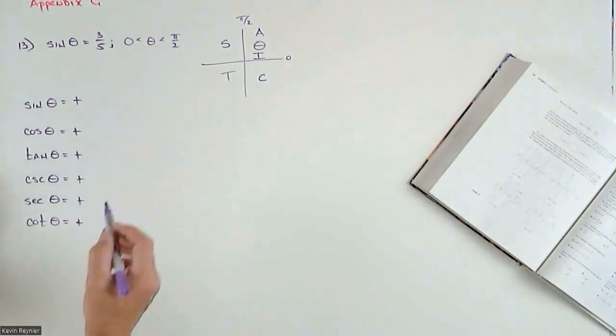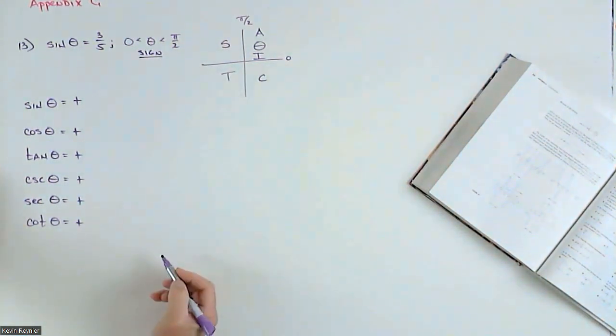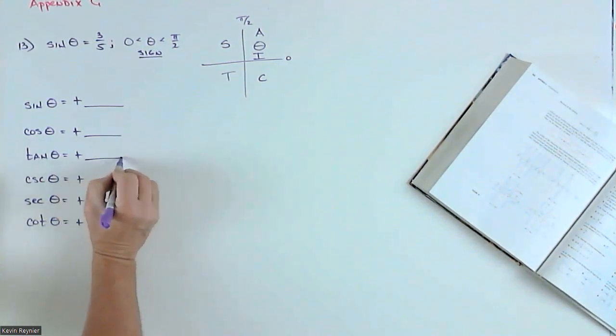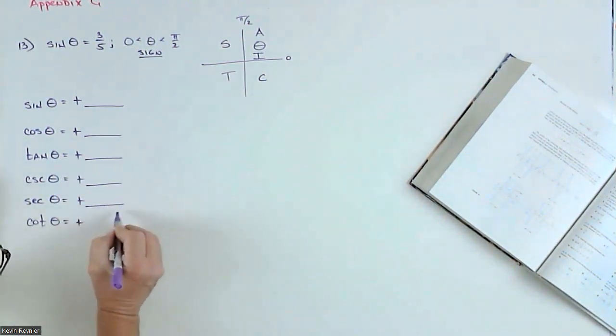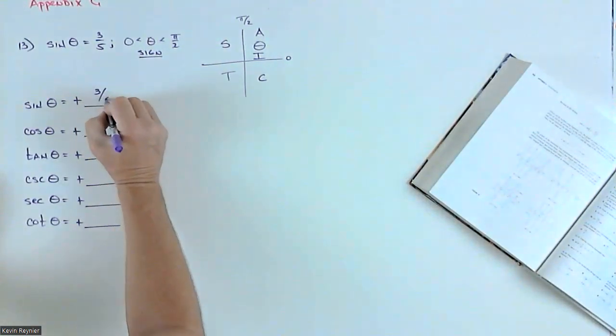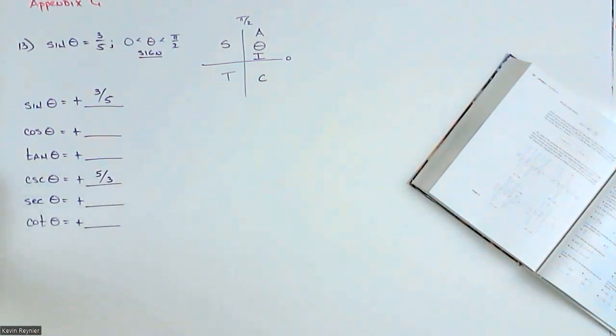Now, our job, this gives us the sign. Now we need to fill in the number. We know the answer here, 3/5. We know the answer for cosecant because it's the reciprocal of sine, so it's 5/3.